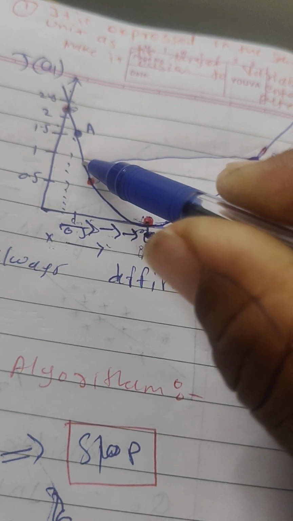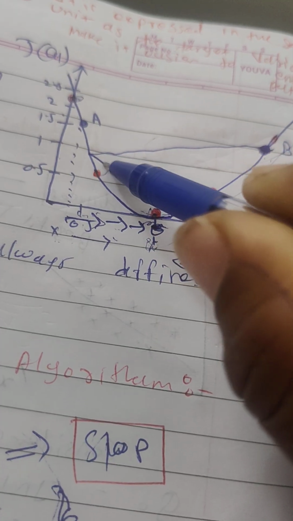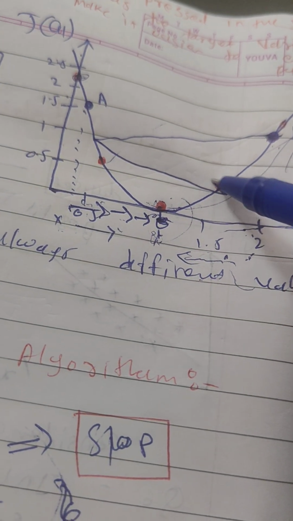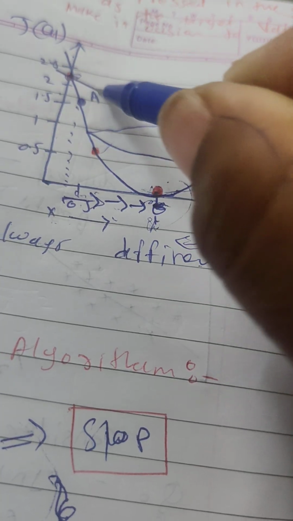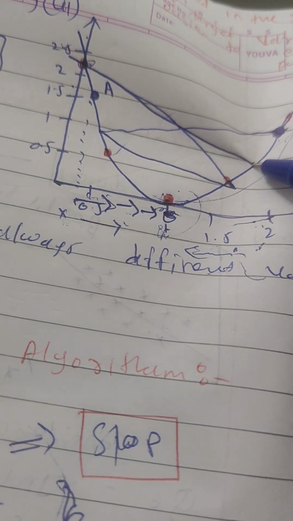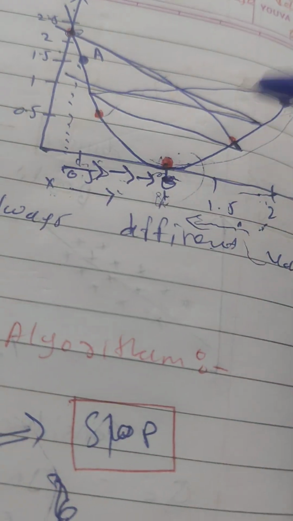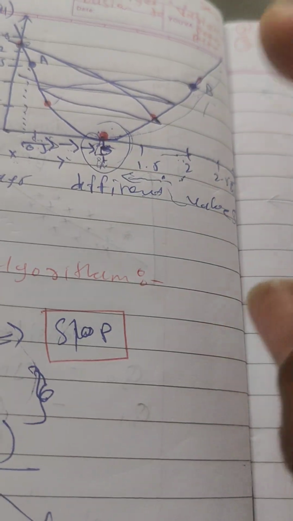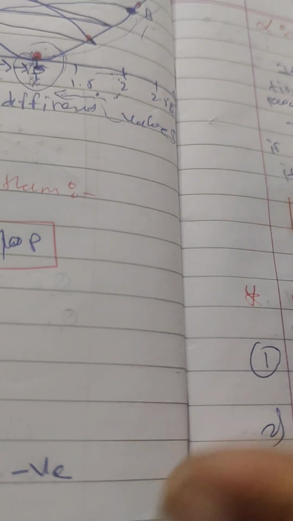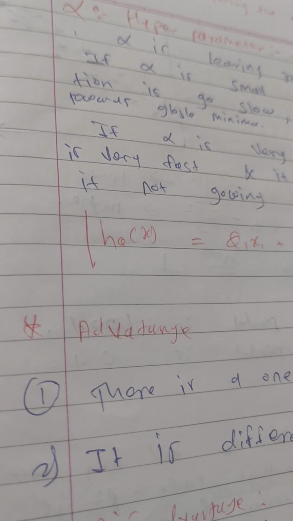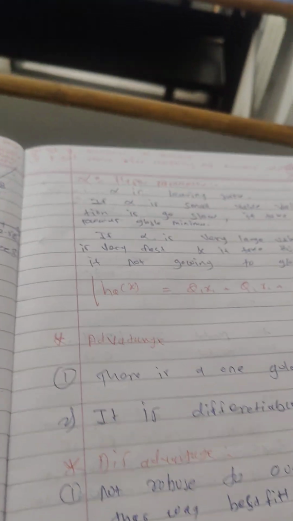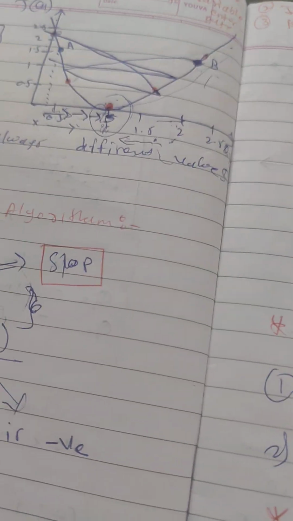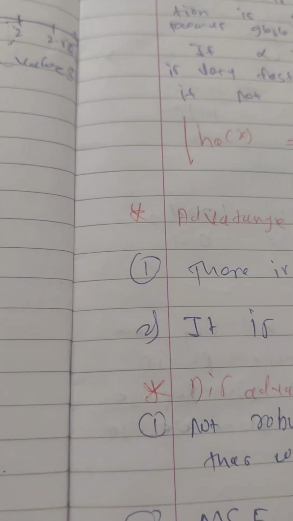After one convergence step, it goes in this direction, then in this direction, and this scenario repeatedly happens. It does not reach the global minima. That's the reason why we don't take the learning rate as a high value. We always suggest that alpha is always a low value. And this is binary linear regression. And in your mind you are thinking like that.